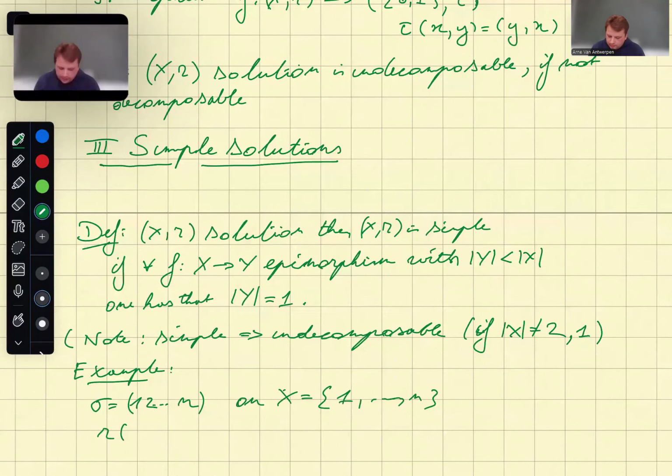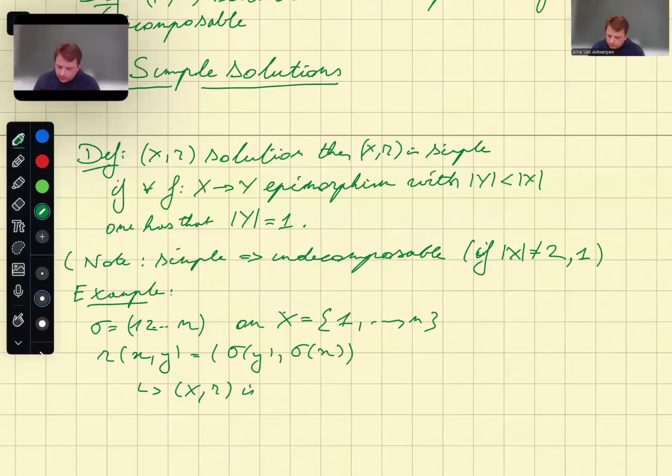Then this solution is indecomposable for all n, of course. When is it simple?